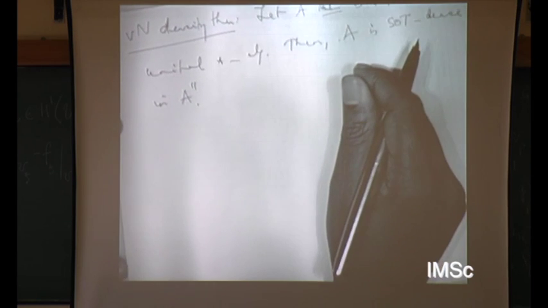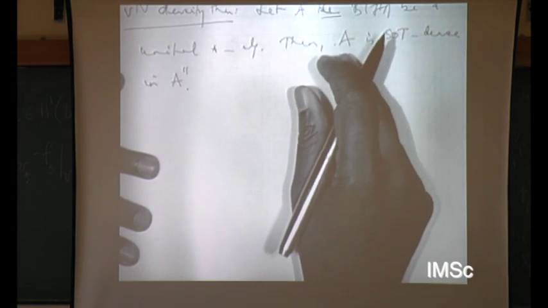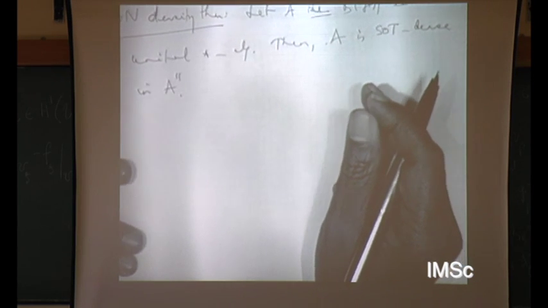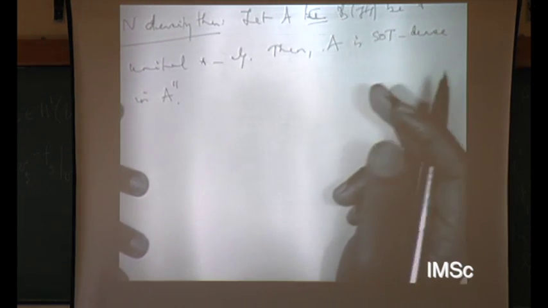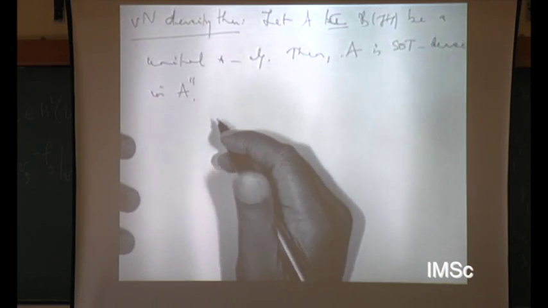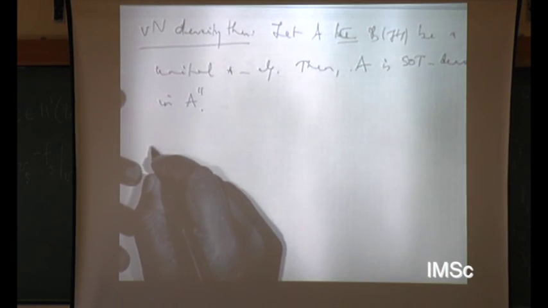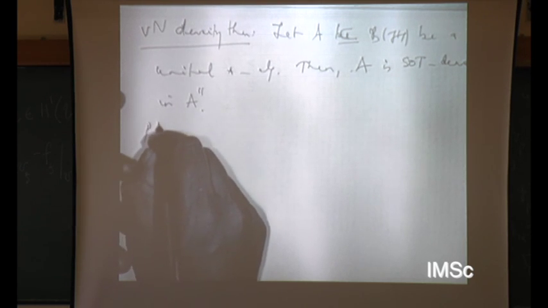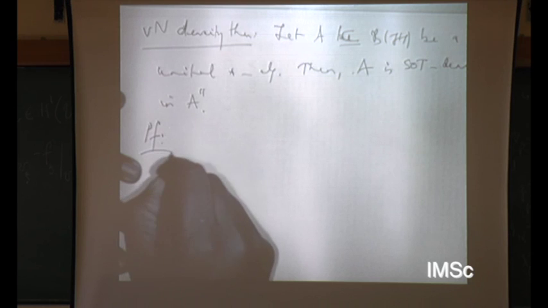So if A is already SOT closed, then A must be equal to A double prime. So if A is a von Neumann algebra, then A must be equal to A double prime. Now, okay, let's see how the proof goes.